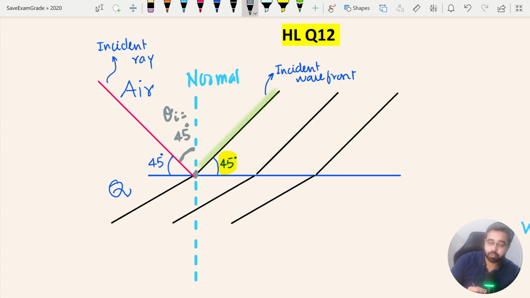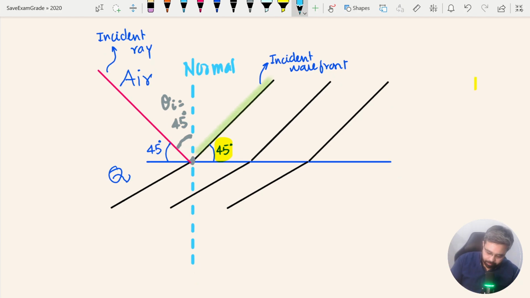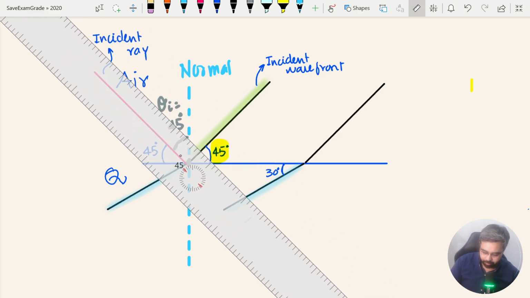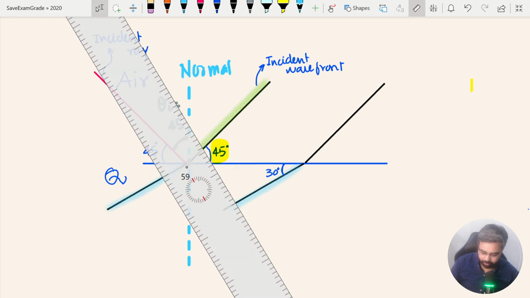Now the next step is to find out the angle of refraction, because this wavefront and this wave is entering into the medium Q. So remember, these wavefronts are showing the refracted wavefronts, and in the question this angle is given as 30 degrees. So for instance, I am just removing this wavefront, and we must draw the perpendicular line to the wavefront in order to see what is the direction of the refracted light or wave.